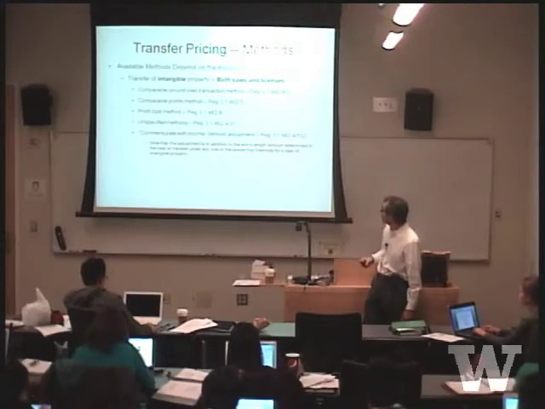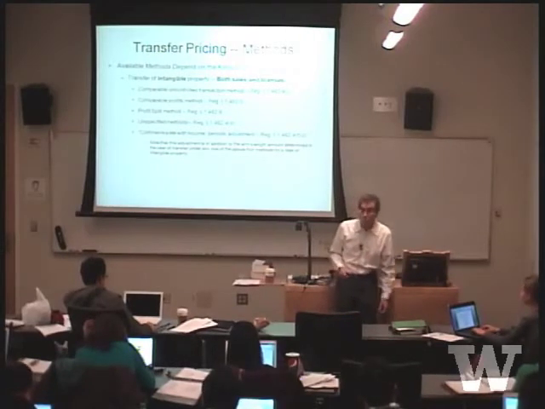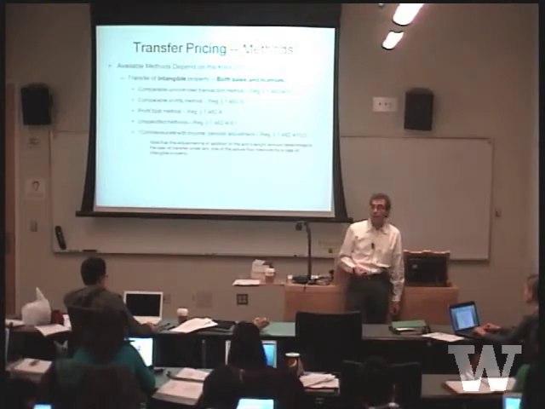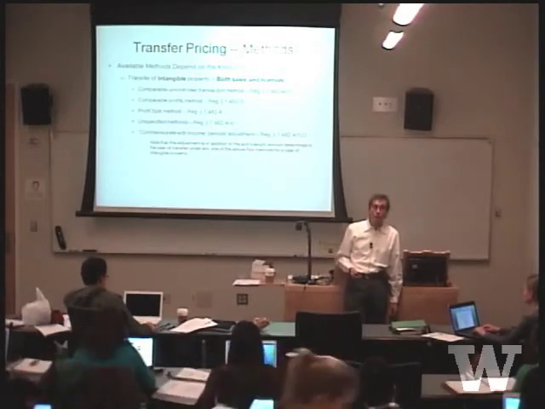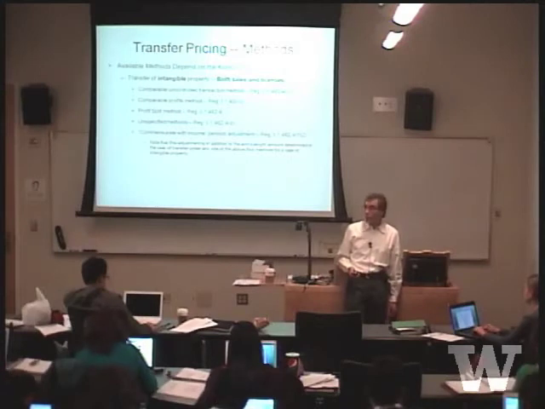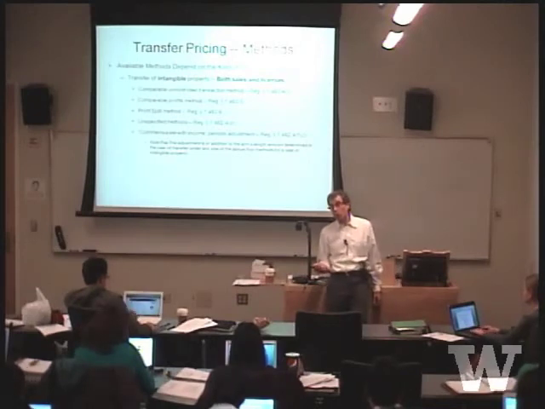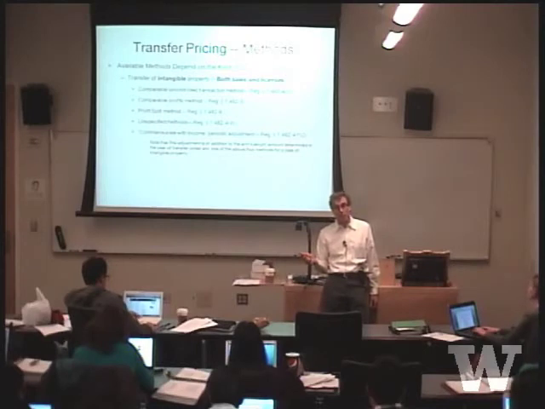Now, note the bottom point about the commensurate with income concept. Congress, some years ago, was concerned, of course they're still concerned, but that's another issue, with the fact that if you sold an intangible, you had to come up with a price today for the date of transfer.